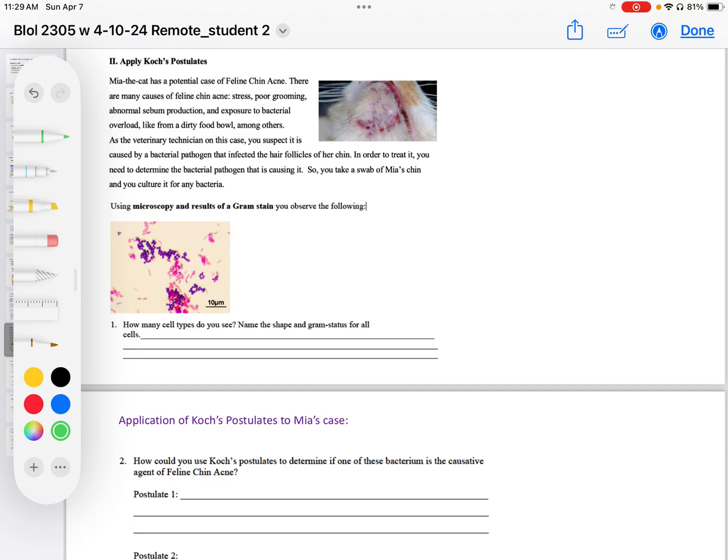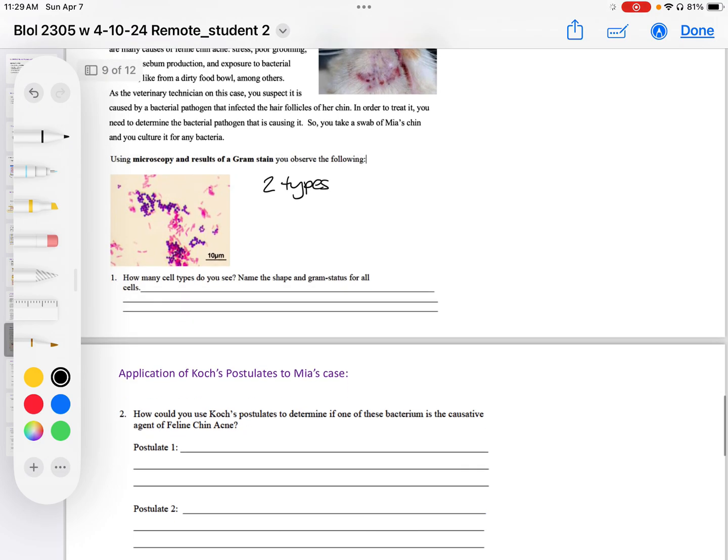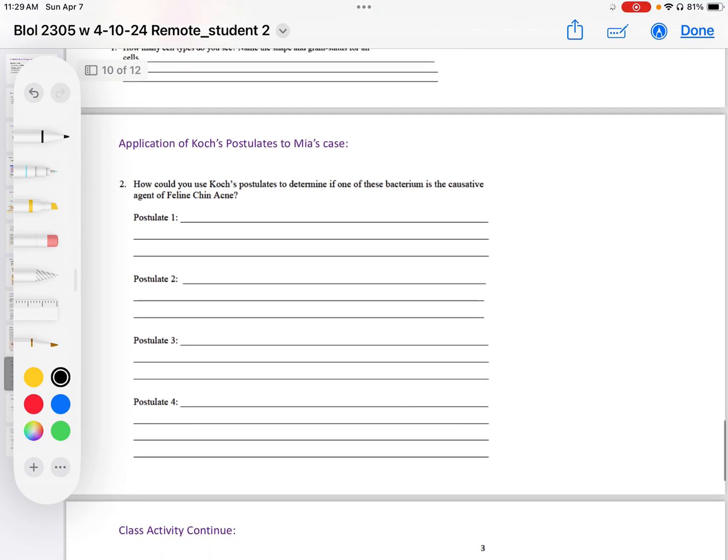So just really quick, I wanted to give some tips for this. This image here asks how many cells you see, their name, shape, and status. Well, there are two types there, so keep that in mind. The other tip I have for you when working through the postulate case is to think about how we applied the postulates to the mouse.